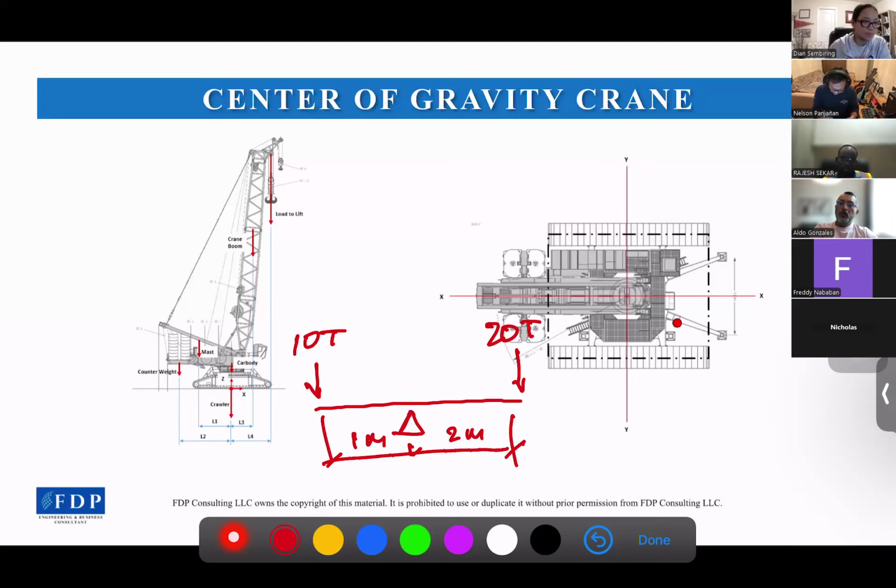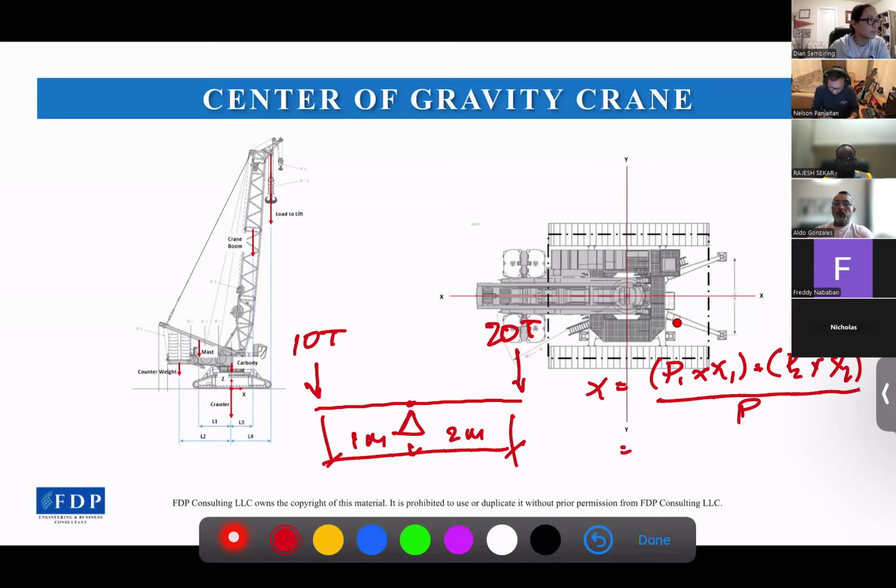We can use the formula like this: X equals P1 times X1 plus P2 times X2, plus P3 times X3 if you have three loads, and then divided by the total load.